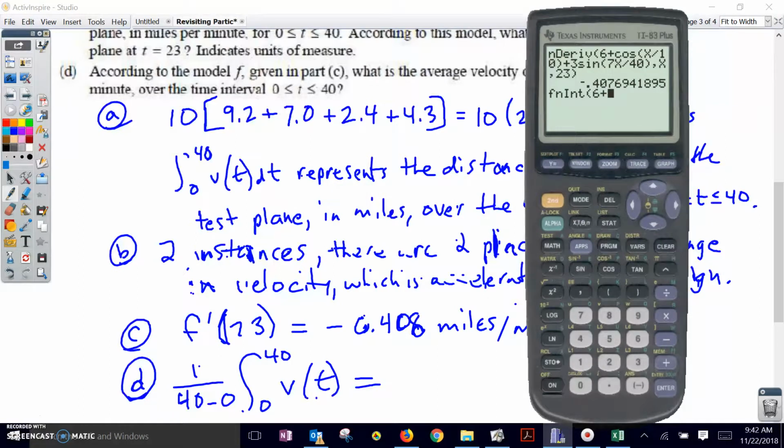And the numerical integral of the velocity function from 0 to 40, and then I'm going to take that value and divide it by 40. Oops. Looks like I typed something in wrong here. Integral, close the parentheses. Oh, I missed the 0.